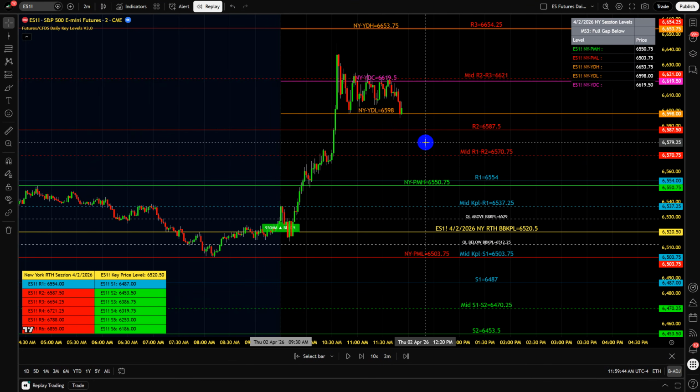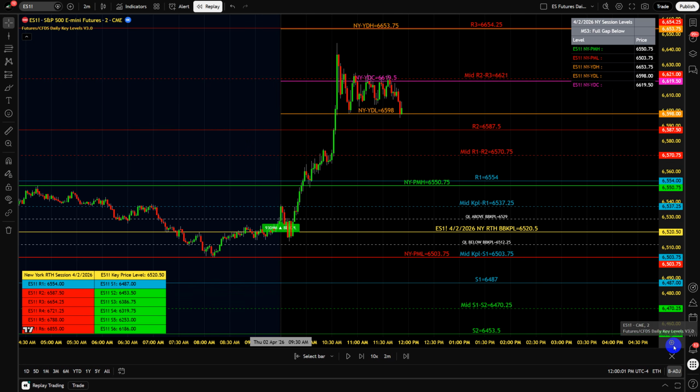Okay, so what we're going to start off with is setting up your display for the beginning of a session. At the beginning of a session, you're going to have these as the default levels on your chart.